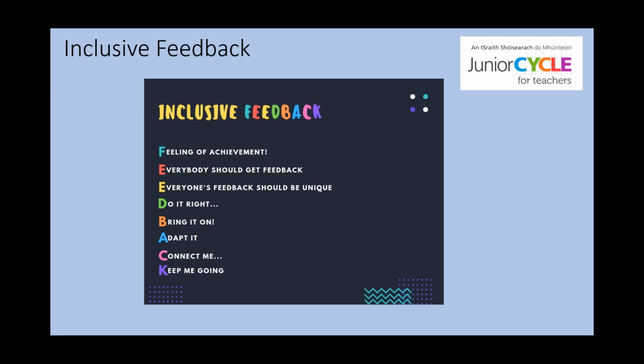I know in my classroom experience there were a couple of students for whom just a thumbs up or just a well done was what they needed. It's what they looked for. If I held up a piece of work and said this is exceptional or brilliant, or whatever words I would use, it would embarrass them. It would actually turn them in onto themselves. So adapt it is all to do with the students that you have in front of you.